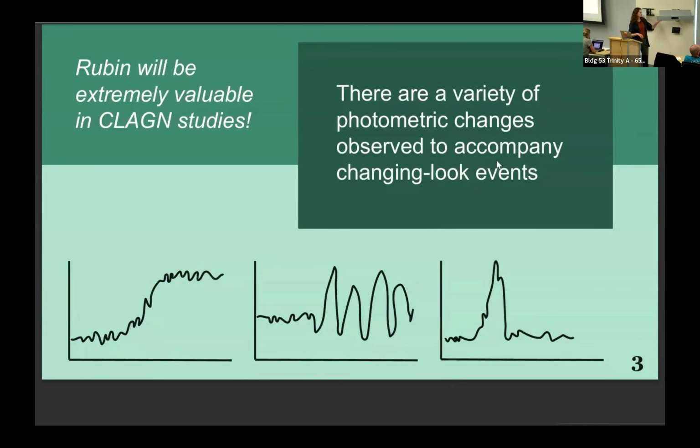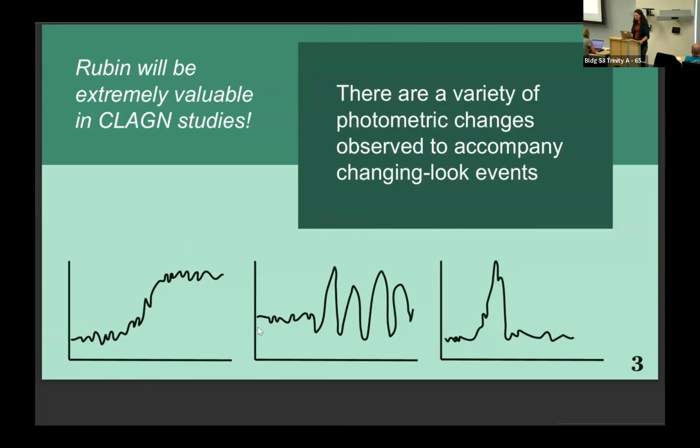Excuse my crudely drawn light curves, but these are a few different examples of what changing look events could look like in AGN light curves. One example is just a flux offset in a light curve, whether it increases or decreases, could go either way. Usually these are not independent; usually there are combinations of these different signatures.